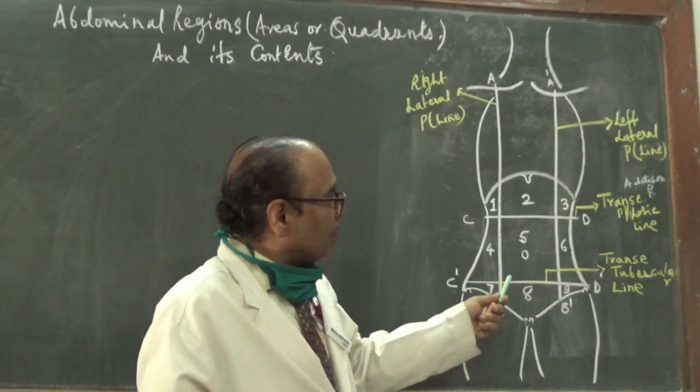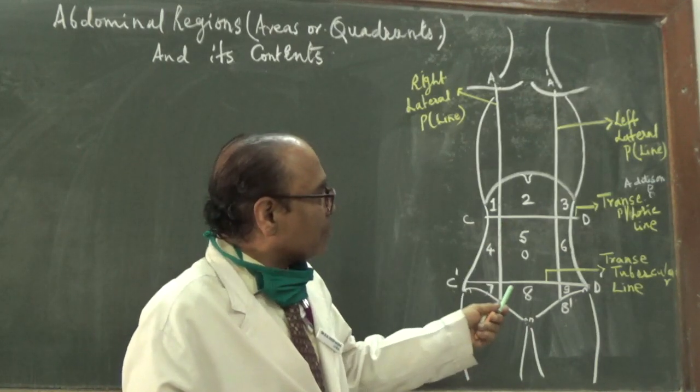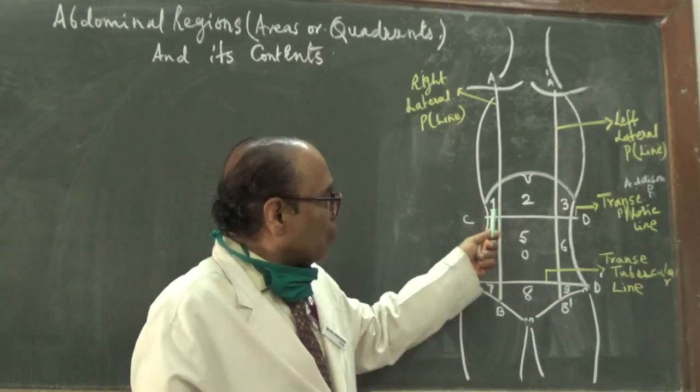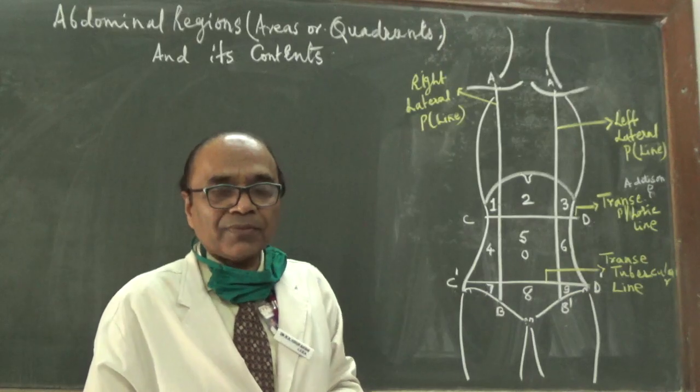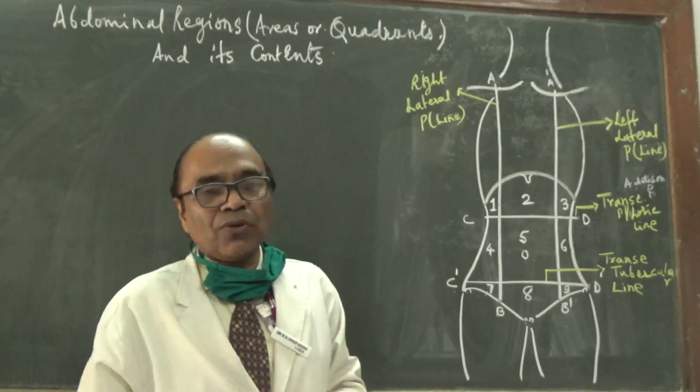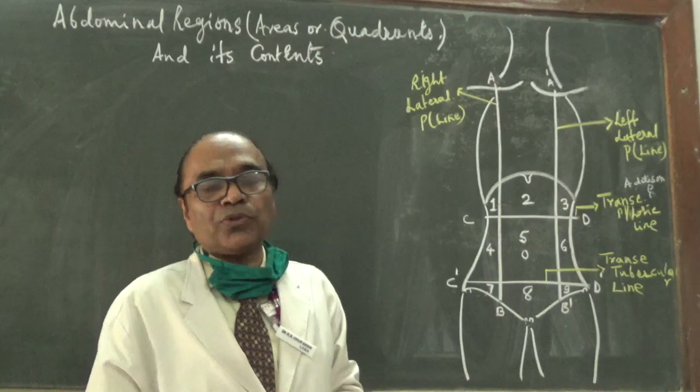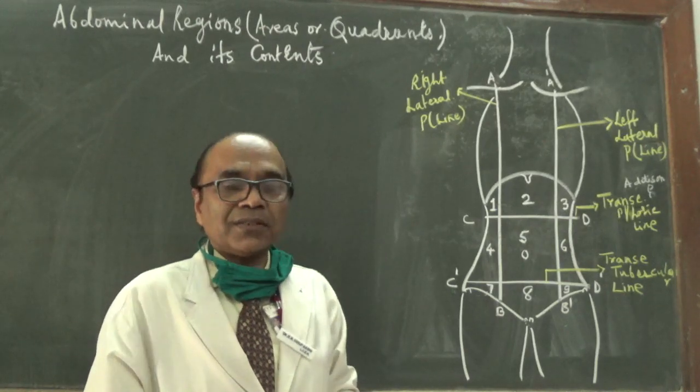So these two horizontal and two vertical planes give rise to nine areas in the abdominal portion of the trunk.